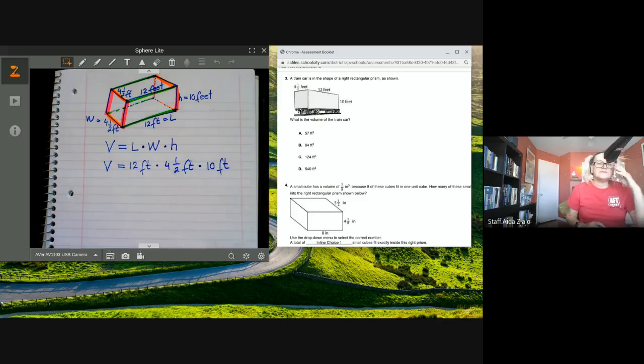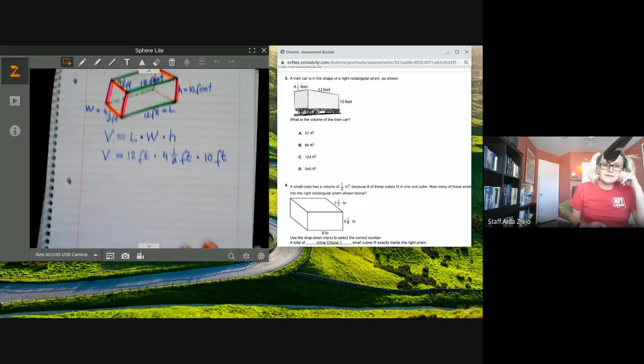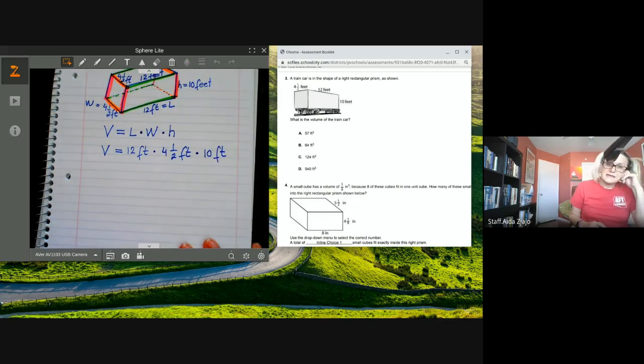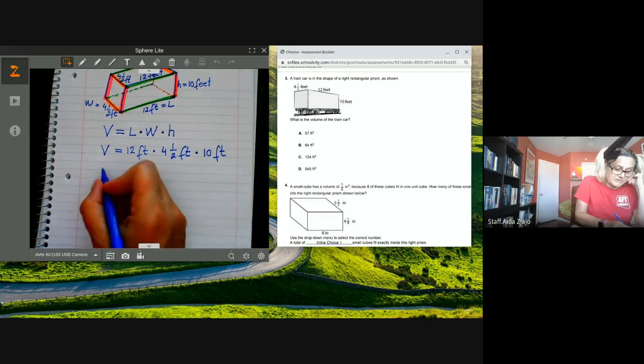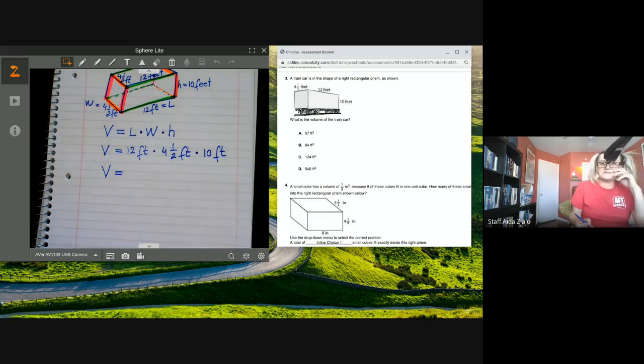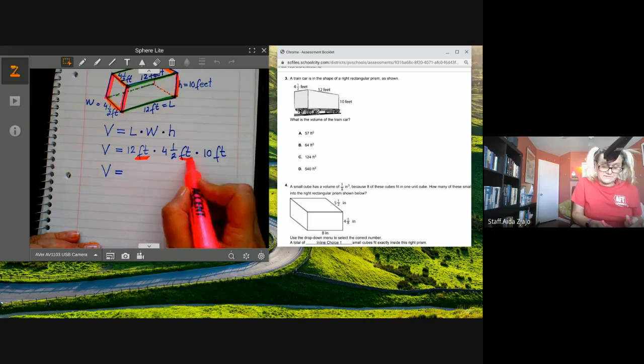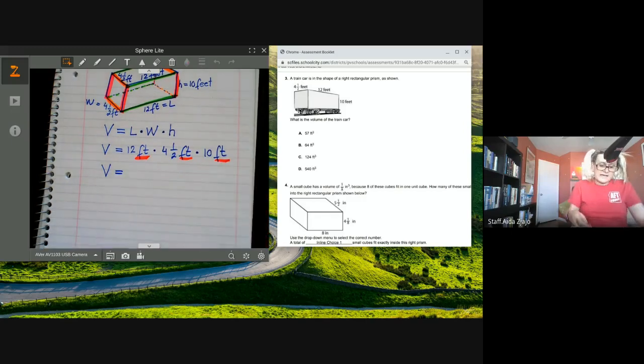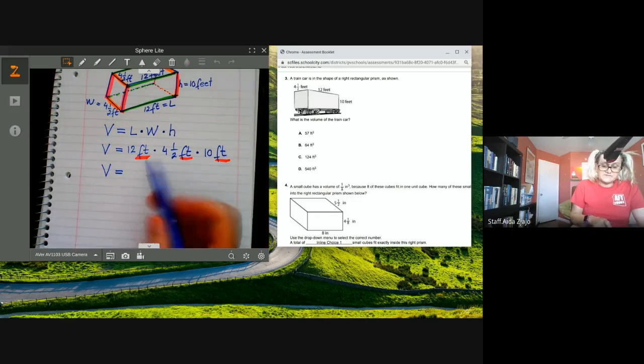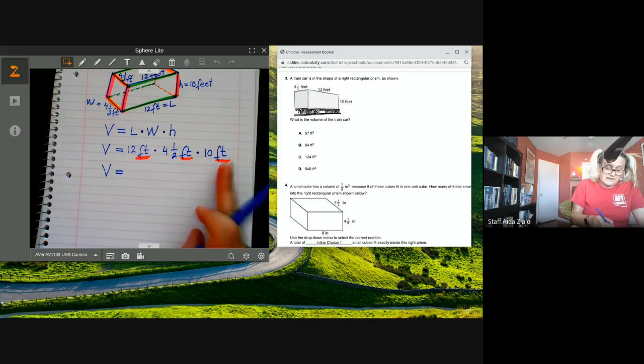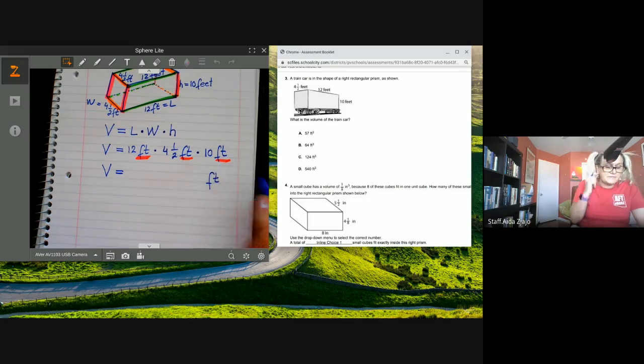And now I need to multiply that, but I'm looking at my values, and I am going to rearrange these numbers because I know the commutative property works. I will leave the feet times feet times feet. Of course, my answer would be feet times feet times feet.